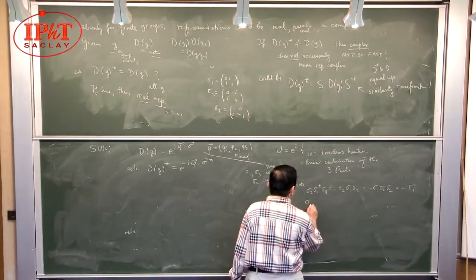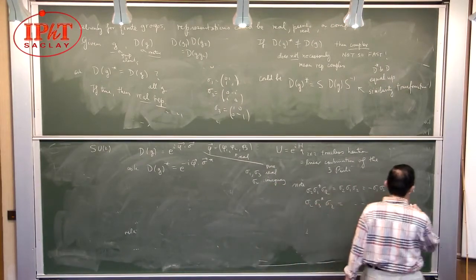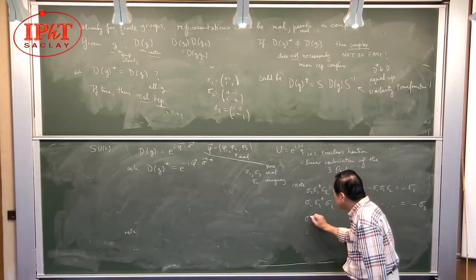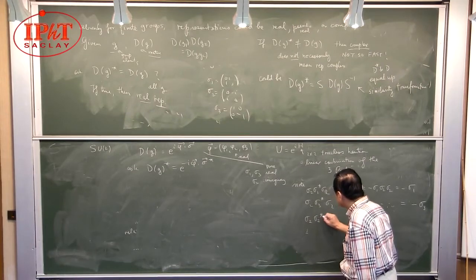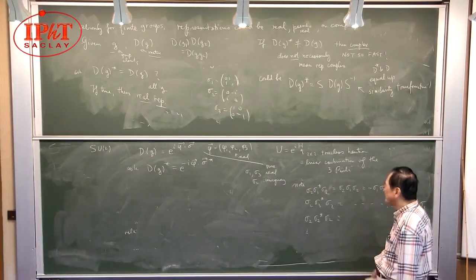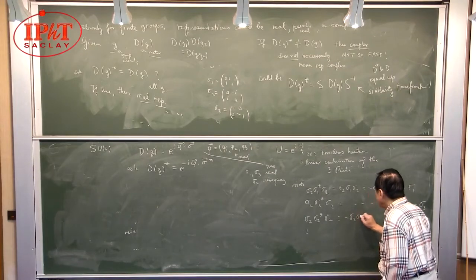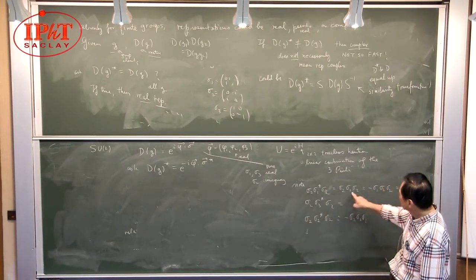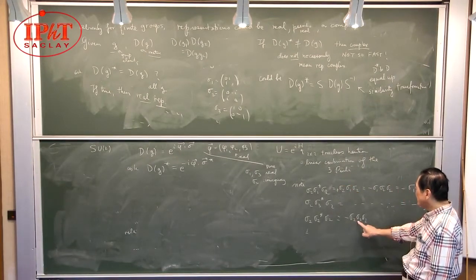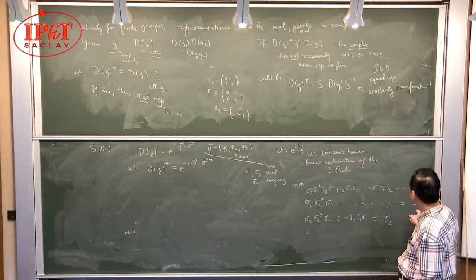And similarly, sigma 2 sigma 3 star sigma 2 is minus sigma 3. But now the interesting case is sigma 2 itself, because sigma 2 is pure imaginary. So sigma 2 star is minus sigma 2, and so it's minus sigma 2 sigma 2 sigma 2, unlike the other cases in which it is plus. But sigma 2 times sigma 2 is 1, so this is again minus sigma 2.